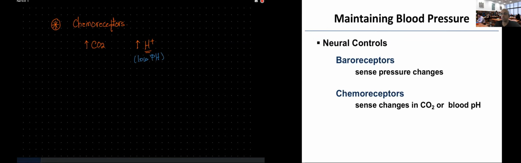What does this mean in terms of blood pressure? Does this mean I have high blood pressure or low blood pressure? What do you think? And how would you explain it? High carbon dioxide, high protons. This means what in terms of blood pressure, high or low blood pressure?